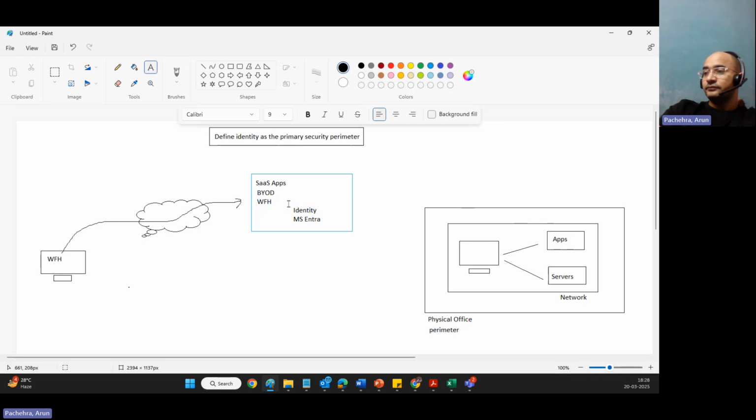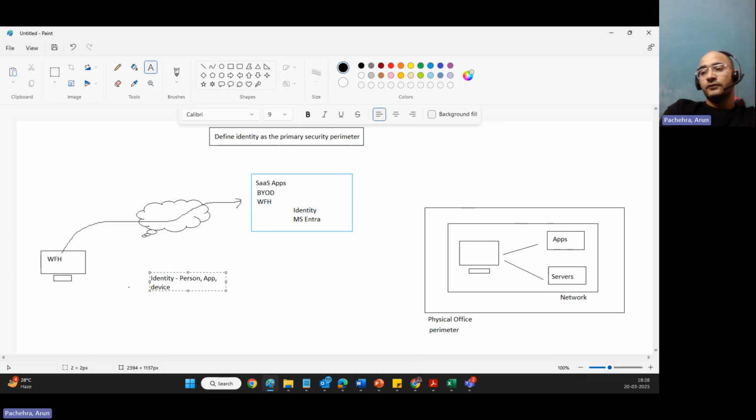Now, because identity is going to be the security perimeter, we need to understand what all could be identity and what identity is. Identity is a unique set of attributes that define it. It could be a person, it could be an application, it could be a device.